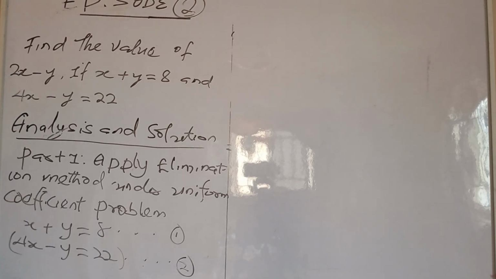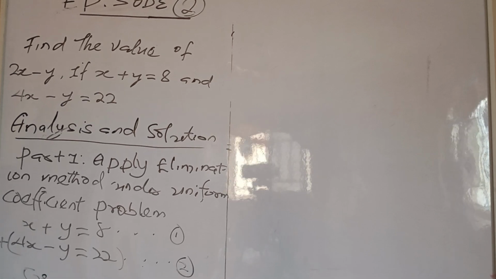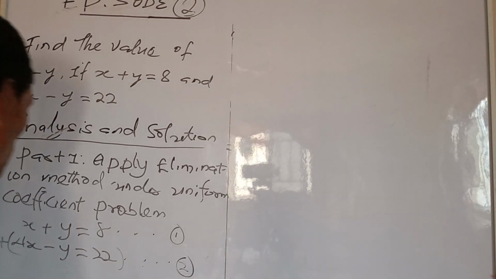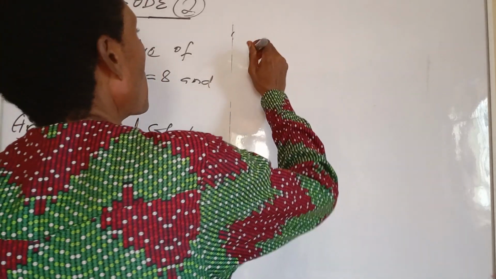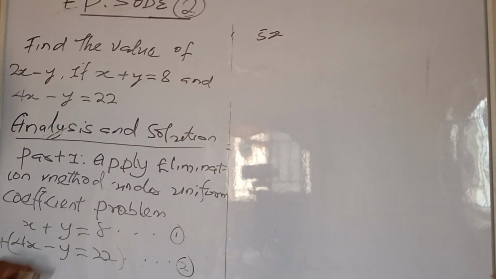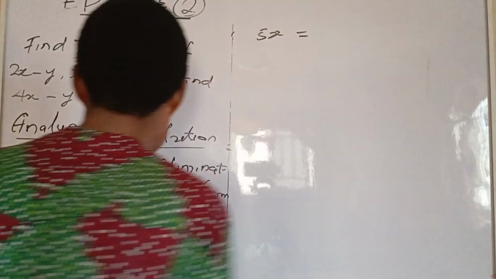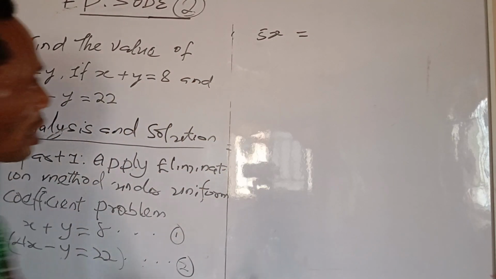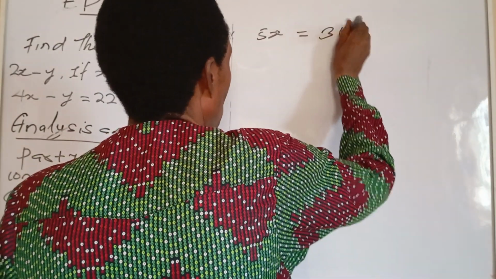Then just add equation 1 and equation 2. Adding them, x plus 4x will give us 5x. Then plus y minus y cancel itself. Then 8 plus 22 will give us 30.